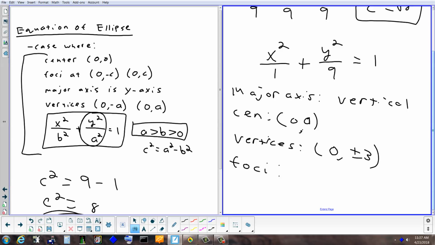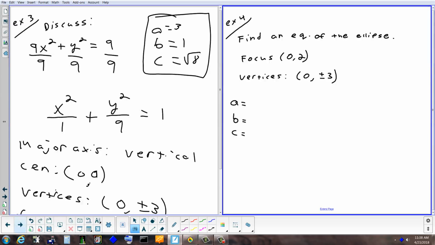We could just write it this way: 0, square root of 8, and C units below, 0, negative square root of 8. And that's all you'd have to do to describe it. Okay. Any questions on that? It's not too bad once you get used to it.